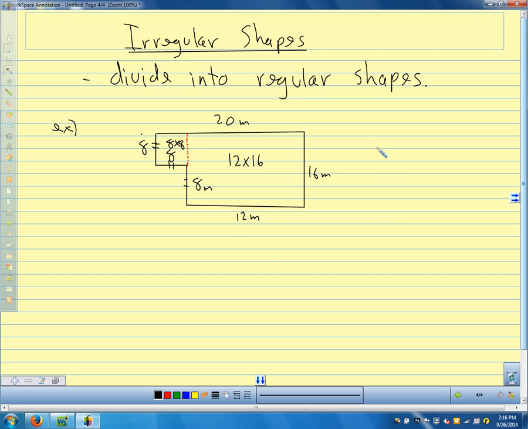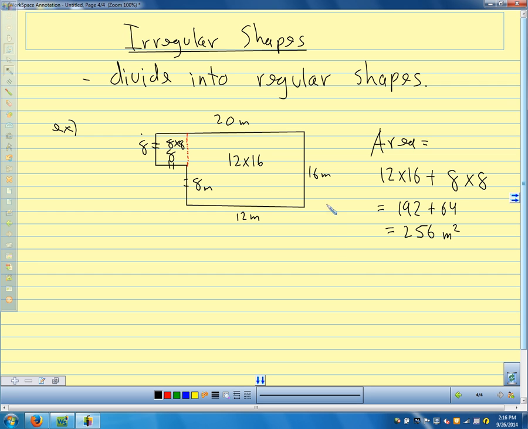And if we wanted the area, it is 12 times 16 plus, we're going to add those 2 together, 8 by 8. 12 times 16 is 192 plus 64, and we get 256 square meters.